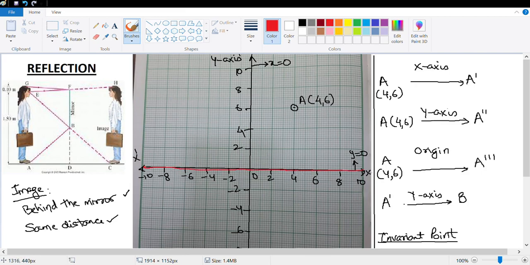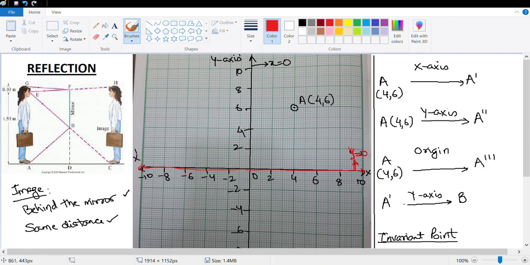Imagine that the x-axis is a mirror, which means I am trying to reflect things on a mirror. Imagine the x-axis is a mirror, which is my red line, and we know that the equation of the x-axis is y equals 0. In the question, sometimes they'll give it as y equals 0, sometimes they'll call it the x-axis.